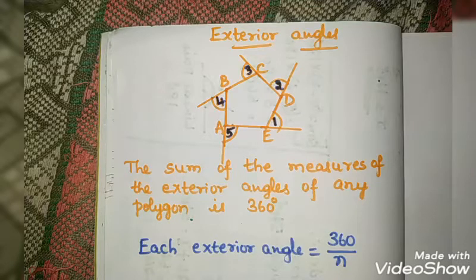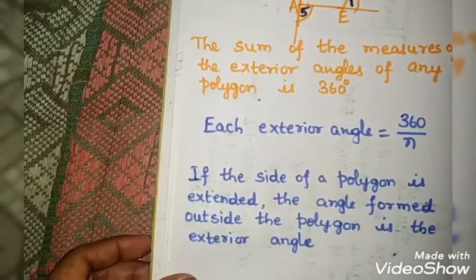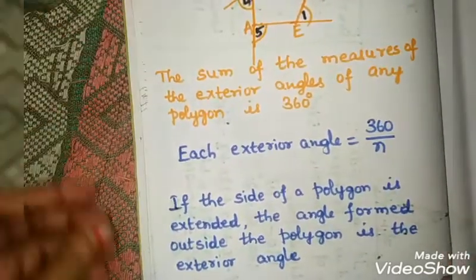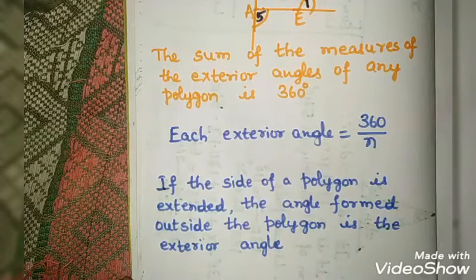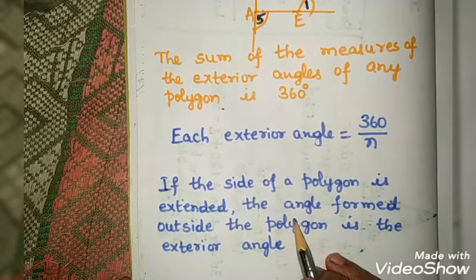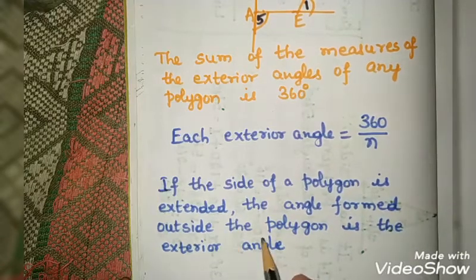What is meant by exterior angles of a polygon? What is that, children? Exterior angles. See, an exterior angle is this: if the side of a polygon is extended, the angle formed outside the polygon is the exterior angle.